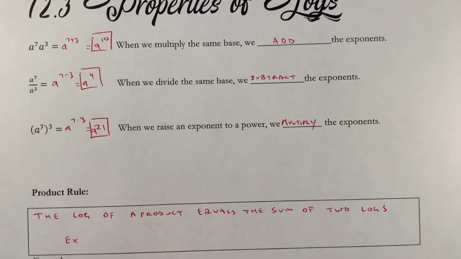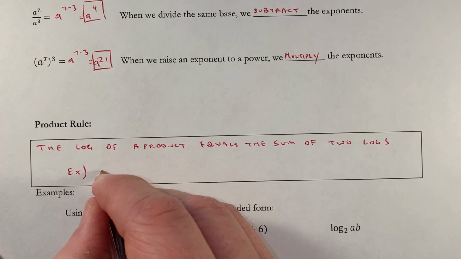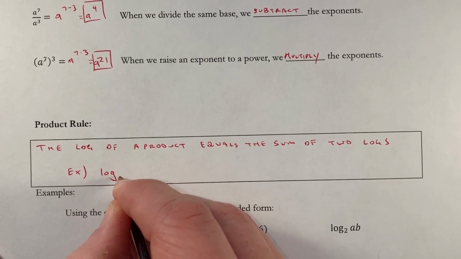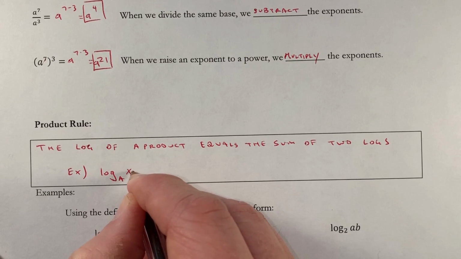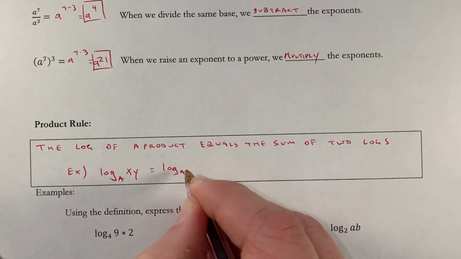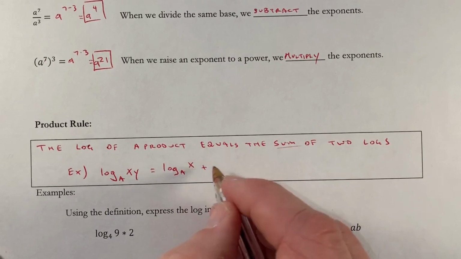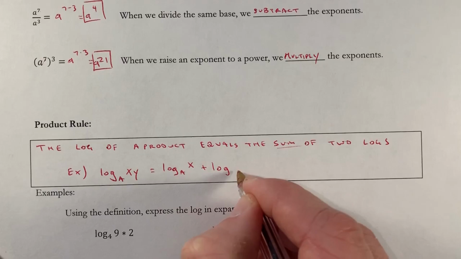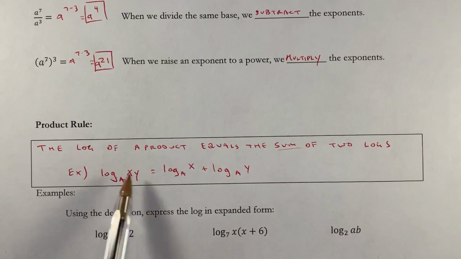So if you have, for example, something like log base a of x times y, that is the same as log base a of x plus, so that's the sum, log base a of y.